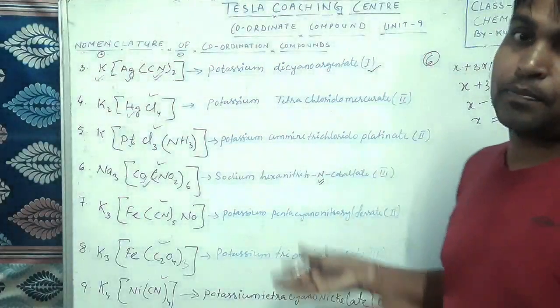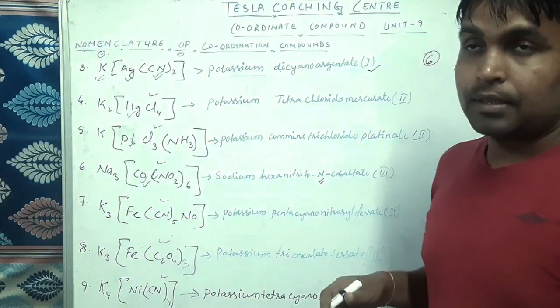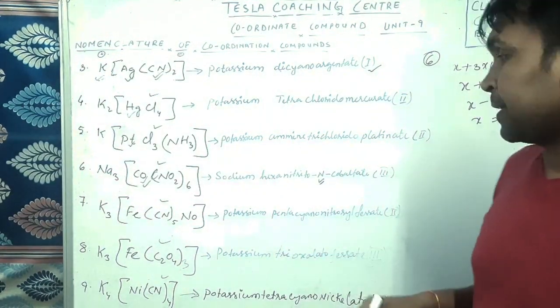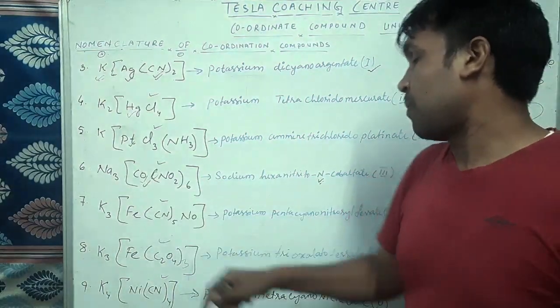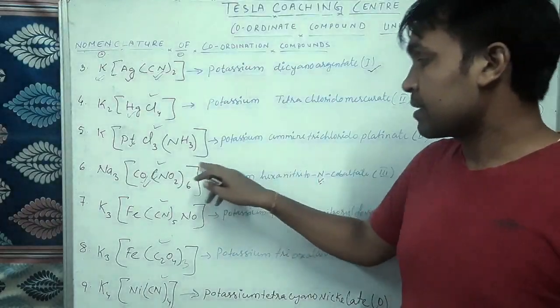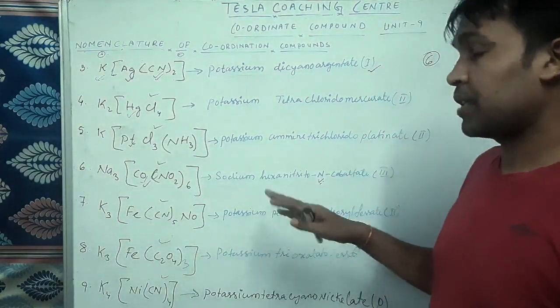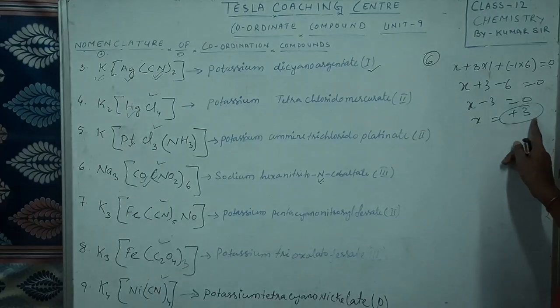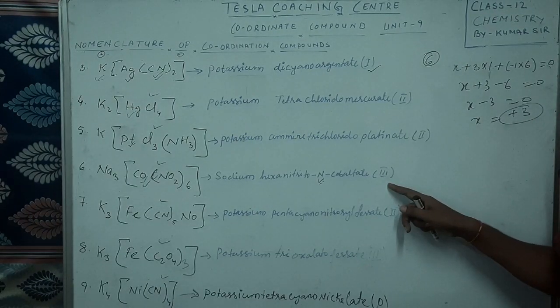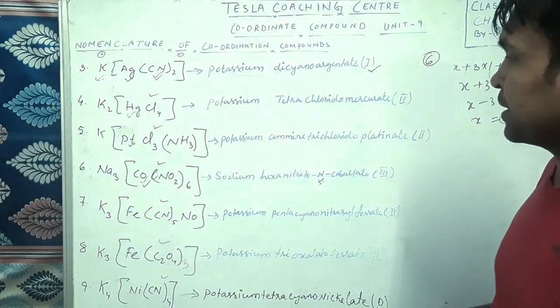If you have not watched it, please go to Kumar sir's channel and watch it. So nitrito-N, and then next is cobalt. Since this is the negative part, the bracket coordination entity, we'll write it as cobaltate. And what is the oxidation number we got? 3. So we'll write it here, 3. Okay, got it?